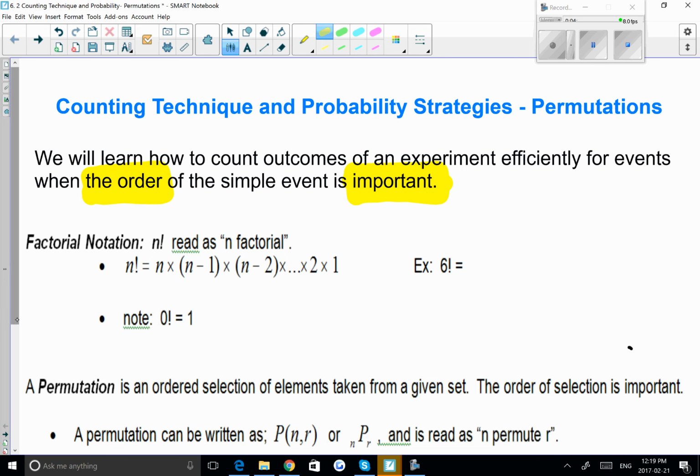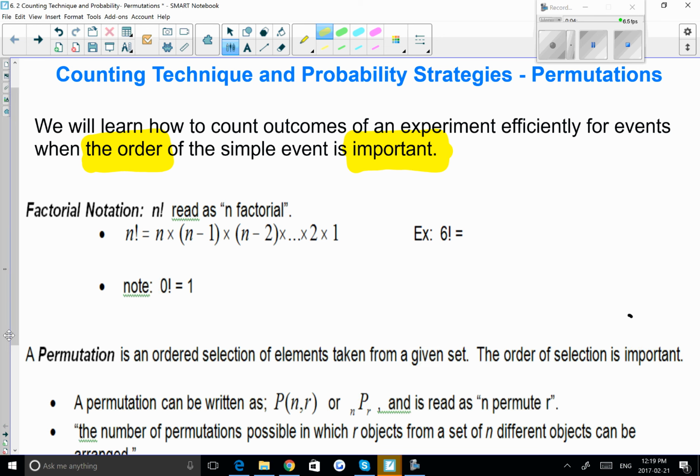So one thing we do need to know before we get to the formula is this symbol here, which is called n factorial. You might have seen it in a previous course, some of you might not have. Basically it stands for n times n minus 1 times n minus 2 times n minus 3, all the way until you get to the number 1.